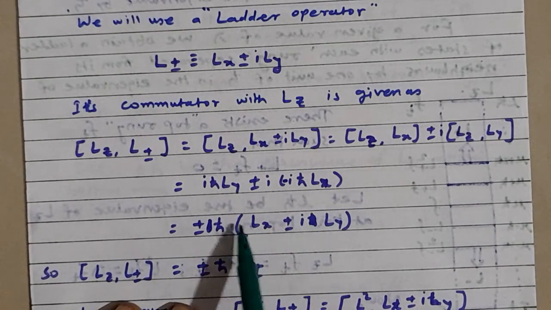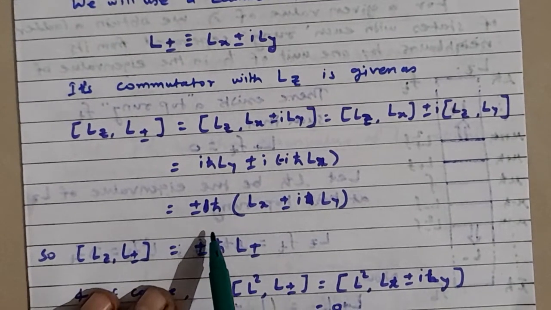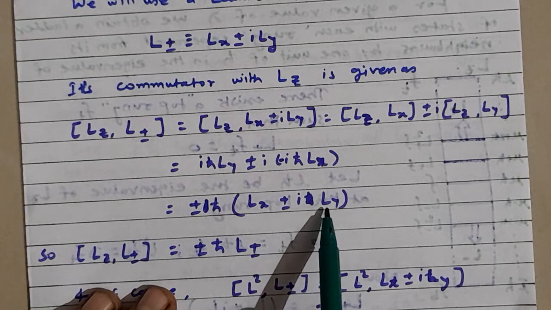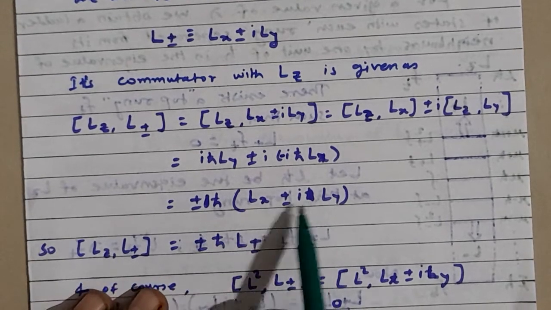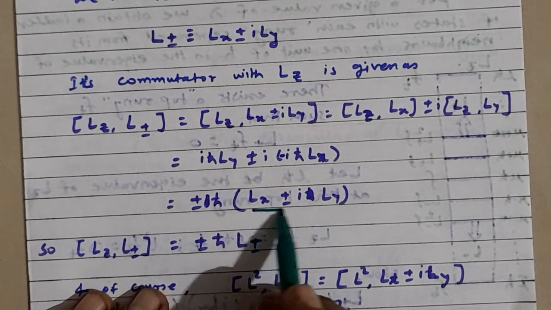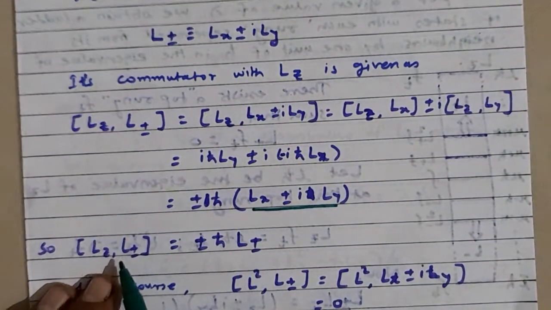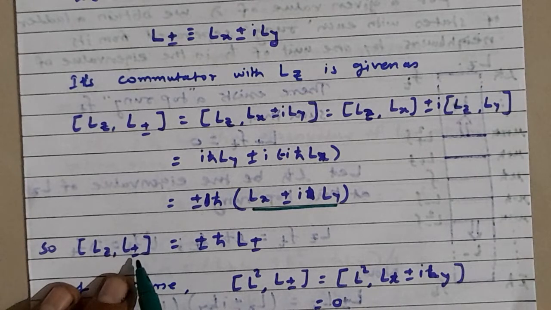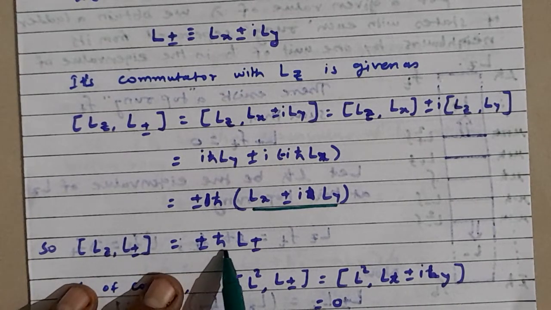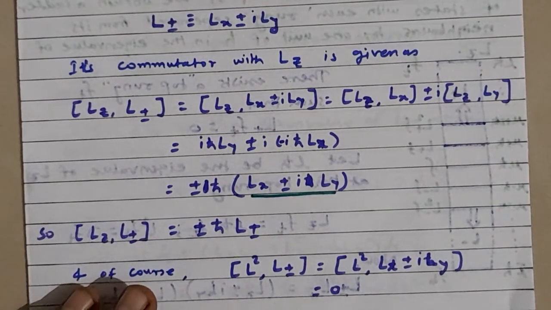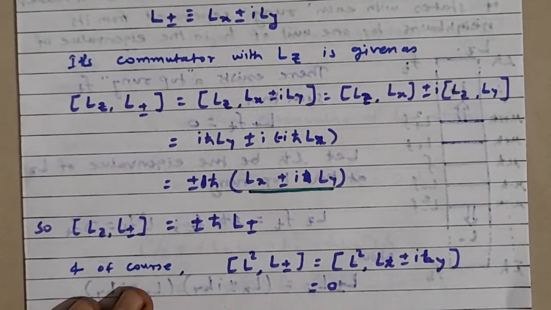If we take ±ħ out of it, what remains is Lx ± iLy, which is nothing but our usual ladder operator defined above. So [Lz, L±] = ±ħL±.